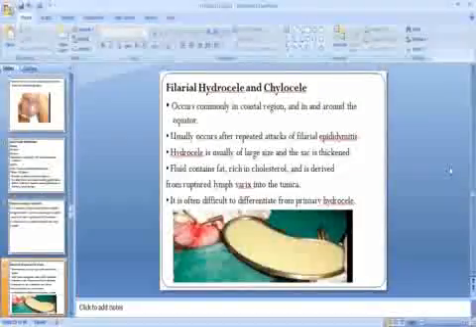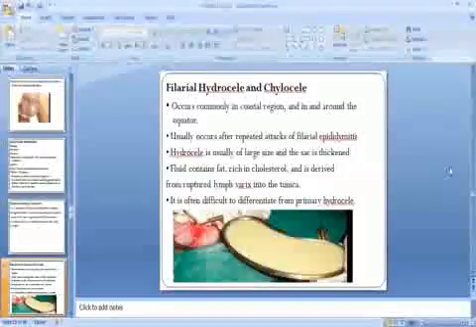Filarial hydrocele or chylocele occurs commonly in coastal regions and around the equator.